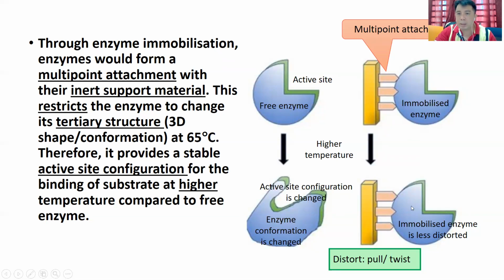But for the immobilized enzyme, it is less distorted, it may pull or twist, because the enzyme conformation, or the tertiary structure, or the three-dimensional shape of the enzyme, is stabilized by the multi-point attachment to the inert, insoluble support matrix.